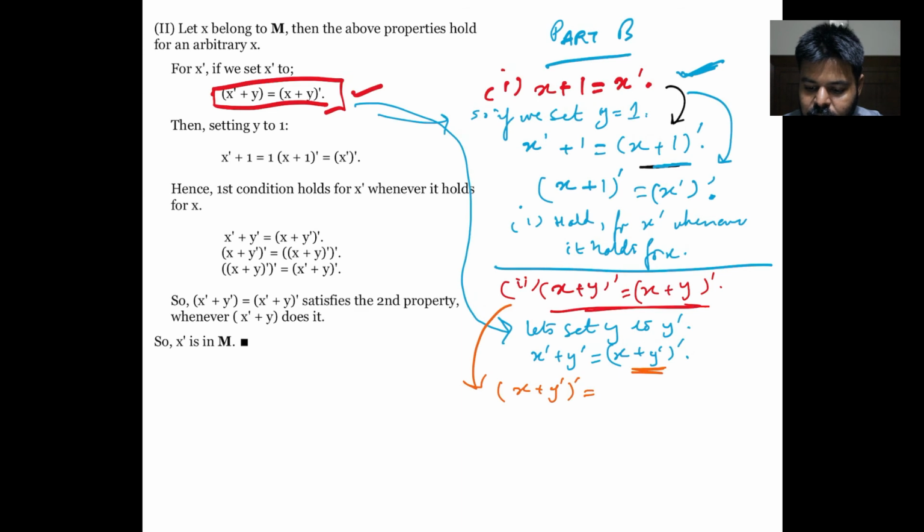We can write it as x plus y whole prime, following this second rule. Now we would like to further expand this, and we can do this by writing it like this: x prime plus y prime.